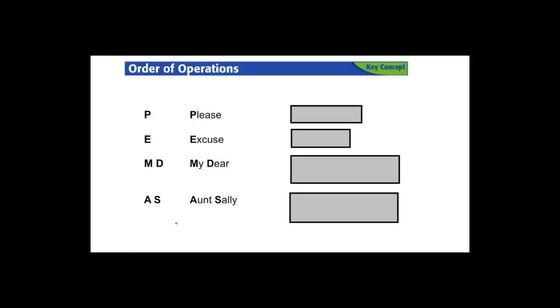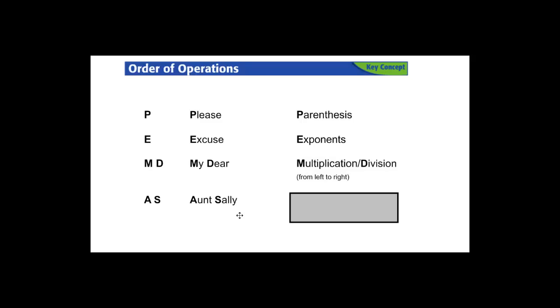One of the mnemonic devices you probably learned for your order of operations is called PEMDAS. Please excuse my dear Aunt Sally is what the letters stand for. The P stands for parentheses. The E stands for exponents. The M and the D stand for multiplication and division.